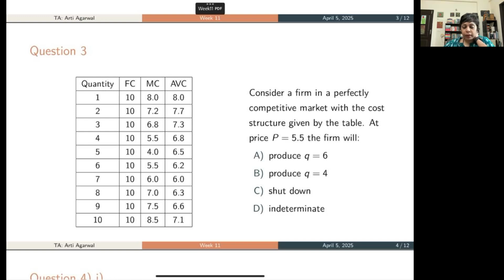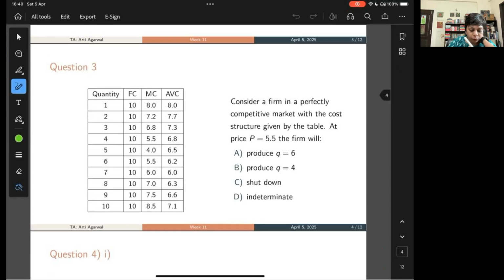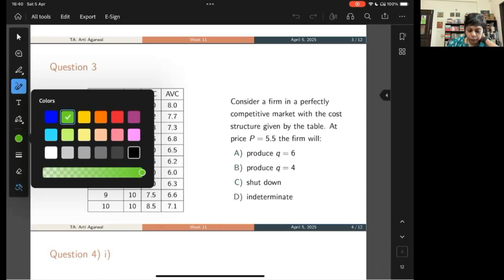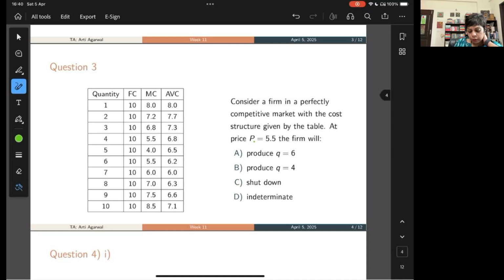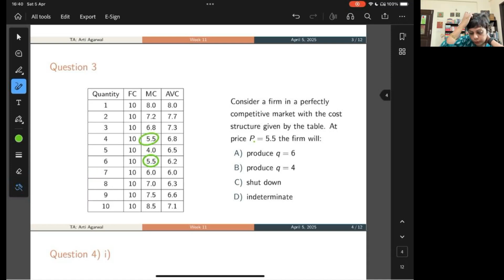In our question, we are given that the market price is equal to 5.5. Now, let's look at where the firm has a price of 5.5 in our example. So here you have marginal cost equal to 5.5, and here also you have marginal cost equal to 5.5.